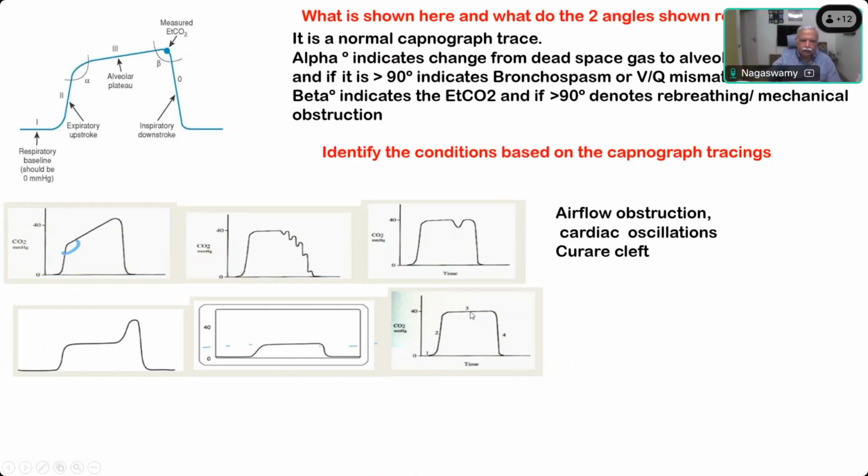Start from the middle left one, and go left one, middle, and then right. What is this? Expiratory valve malfunction. Okay, this is hyperventilation or a leak. Leak in the sampling tube, hypocapnia, normal tracing. Okay.